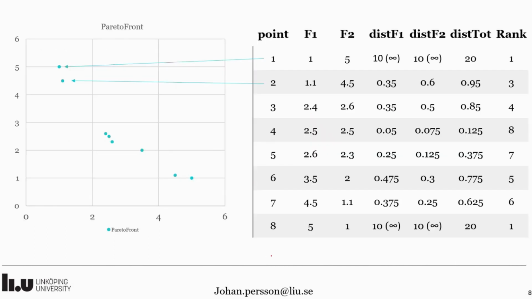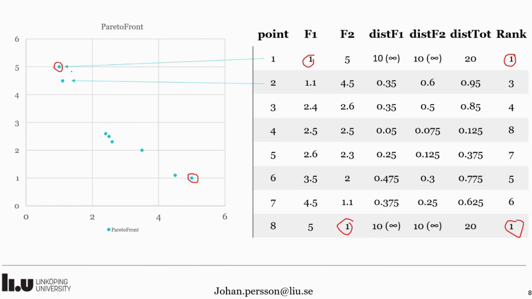So if we take a simple numerical example, we have 8 points in this figure. Then it would rank this point and this point best, because they have the best F1 and F2 value for this minimization problem. And then we need to calculate the crowding distance for the rest of the points.